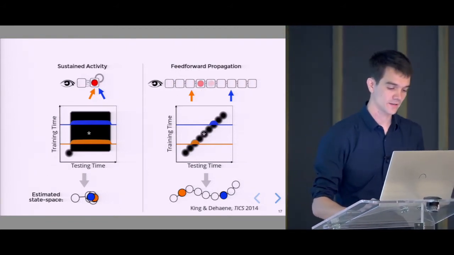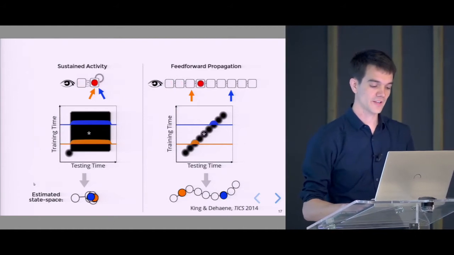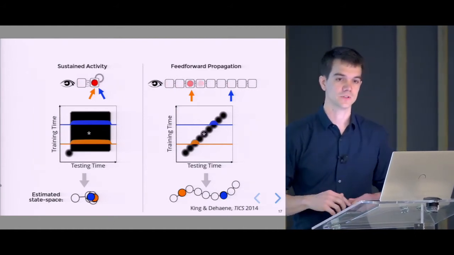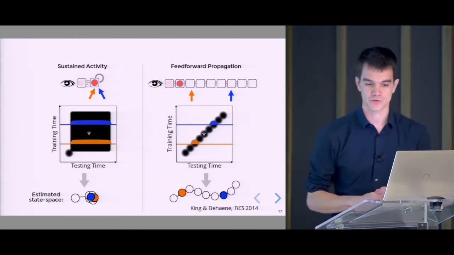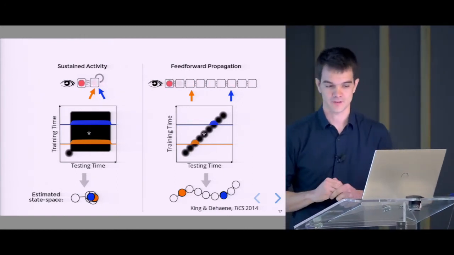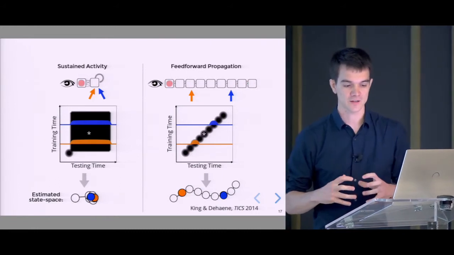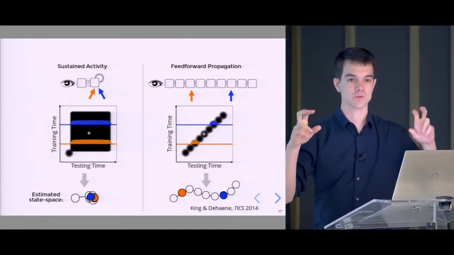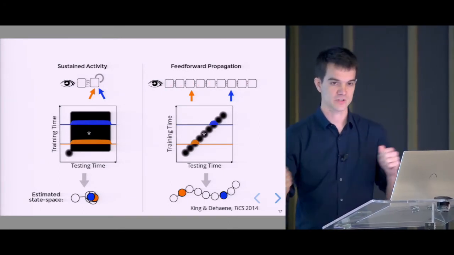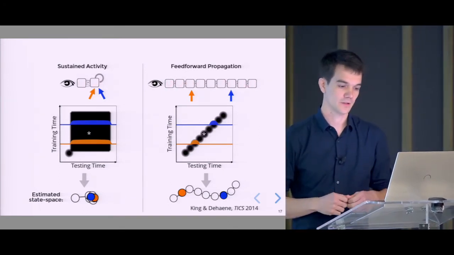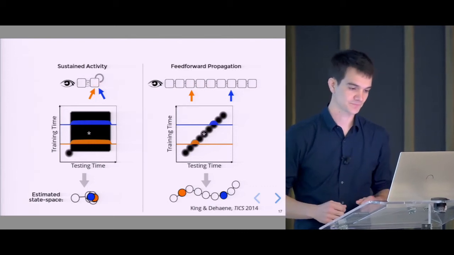This is why here I wrote estimated state space as opposed to neuronal architecture. You point towards a very important subtlety, which is that you can instantiate different processing stages using the same neurons, by just changing the combinations of neurons, basically.